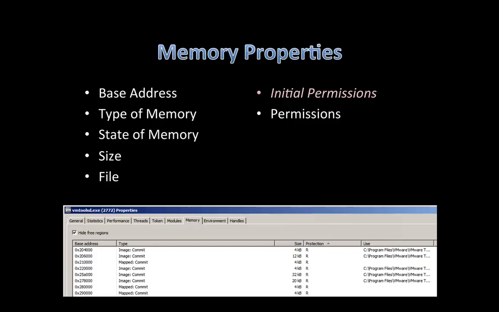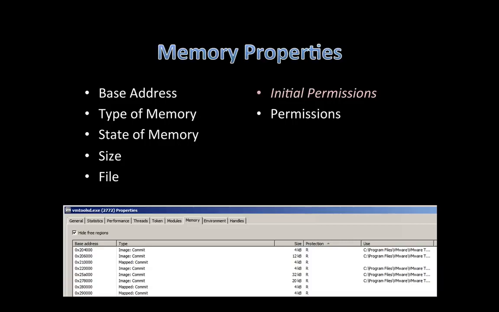The memory also has permissions, what the program can do. Can it write to the memory? Can it read from the memory? Can it execute? So read, write, execute. And there are a few variations of those properties as well that especially apply for memory mapped files. Another one that you don't see in Process Hacker but could be used for anomaly detection is the initial permissions.